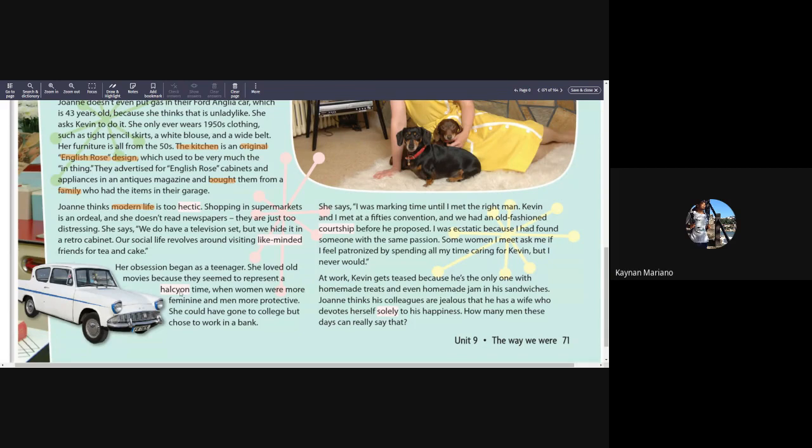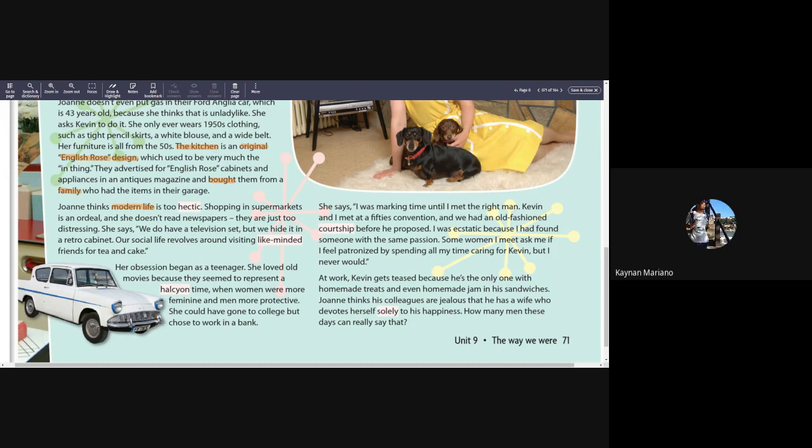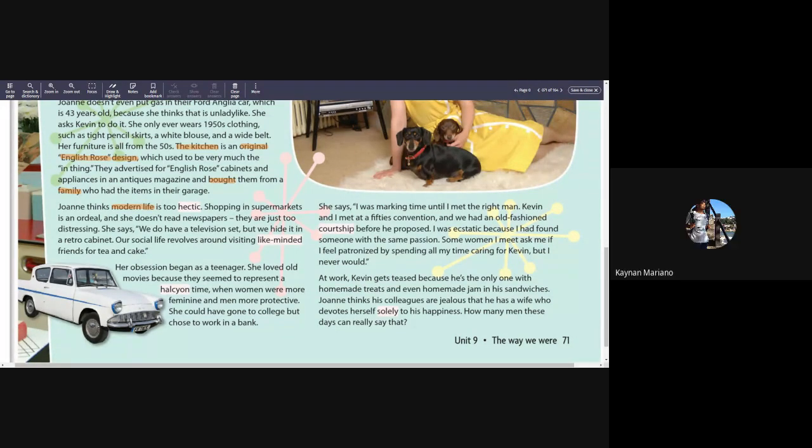What is it again? Halcyon time. She loved old movies because they seemed to represent a halcyon time when women were more feminine and men more protective. Oh, you said that halcyon reminds of something nostalgic, something from the past. Yes, halcyon time is the same as good old time. Yes, good old time.